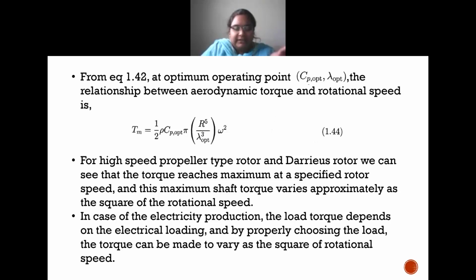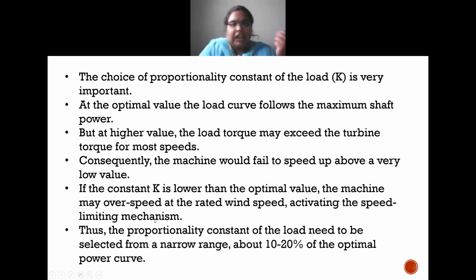To maintain this relation, the only thing we can do is change the load characteristics. How are we going to change them? He's saying the load should be proportional, right? We are going to make sure that the proportionality constant we choose maintains the torque and rotational speed relationship.